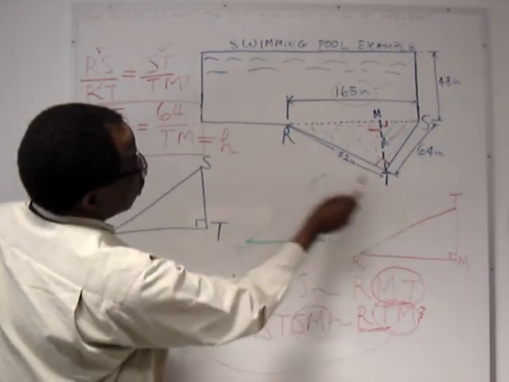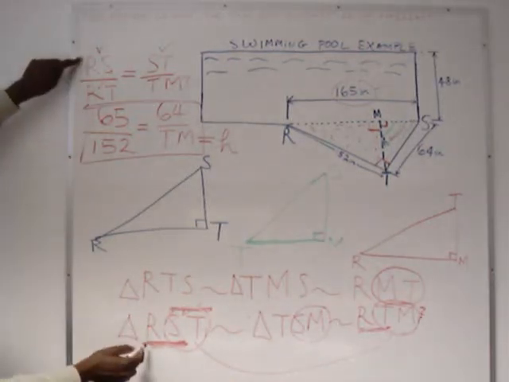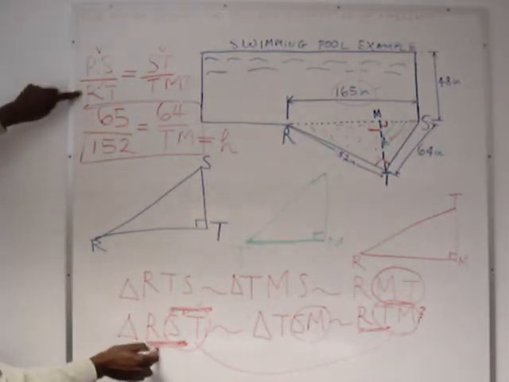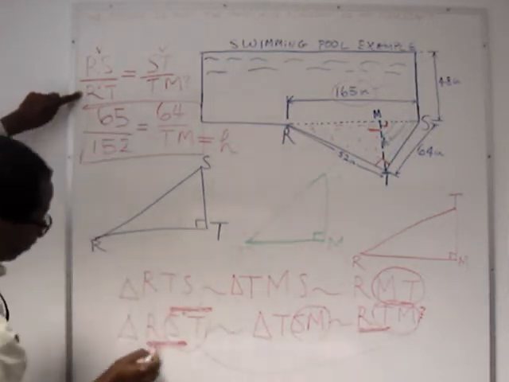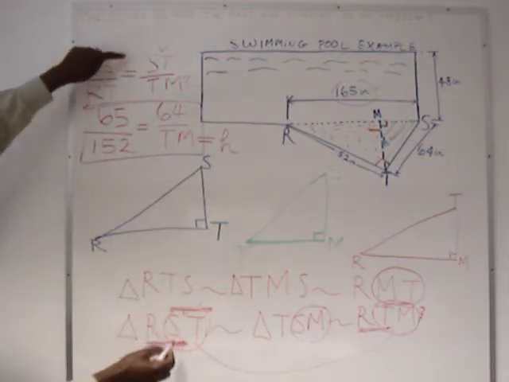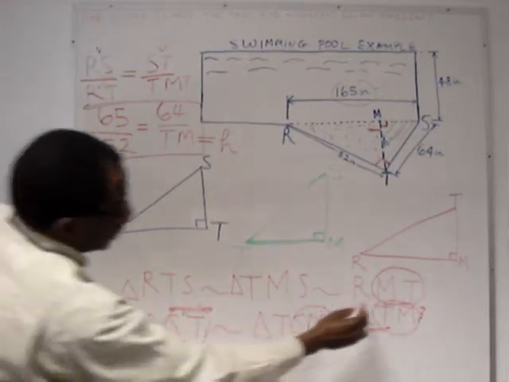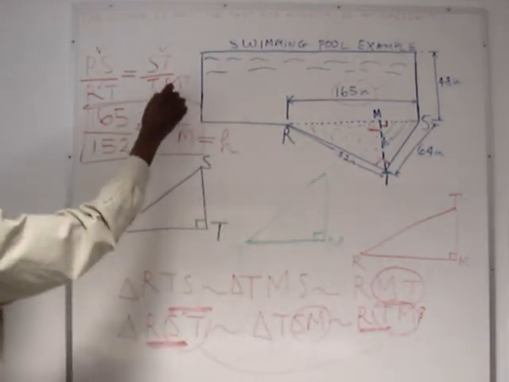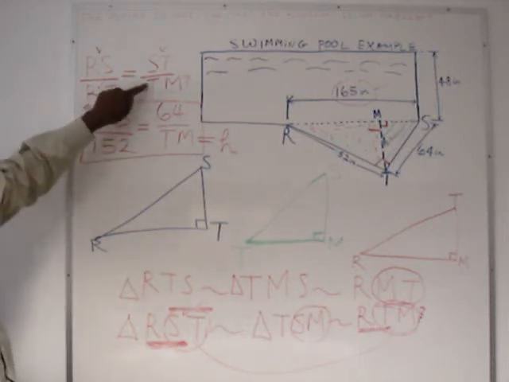RT we also know. So in fact, now we can build a ratio, because RS over RT must have the same ratio as ST, right here, over TM, right there. The only thing we don't know so far is TM in this equation.